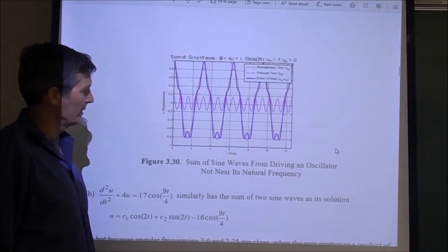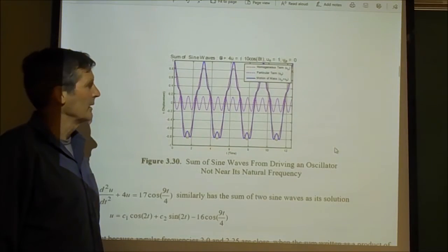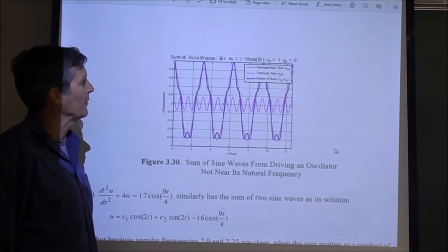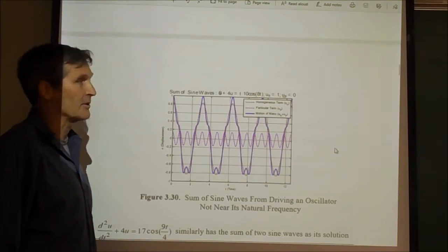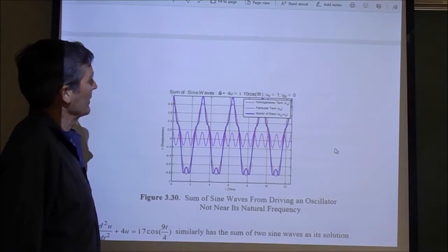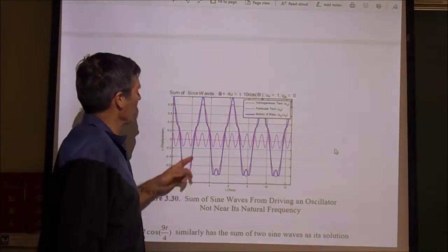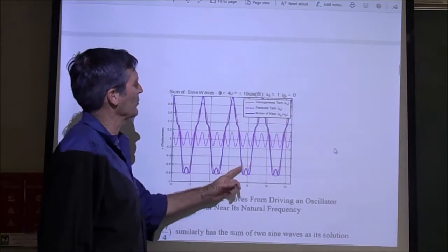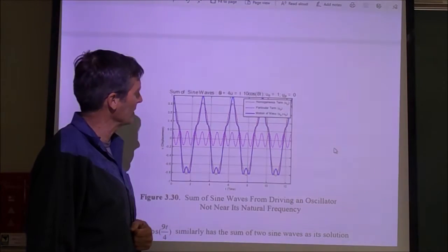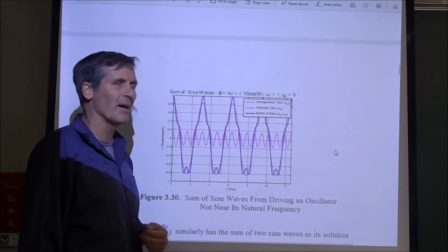That's the motion when you drive a mass on a spring with an additional driving force that's just a function of time at some other frequency, not the frequency it naturally wants to go at. Well, what would happen if I drove it at the same frequency as it naturally wants to oscillate at? An interesting thing happens. You can kind of imagine it.